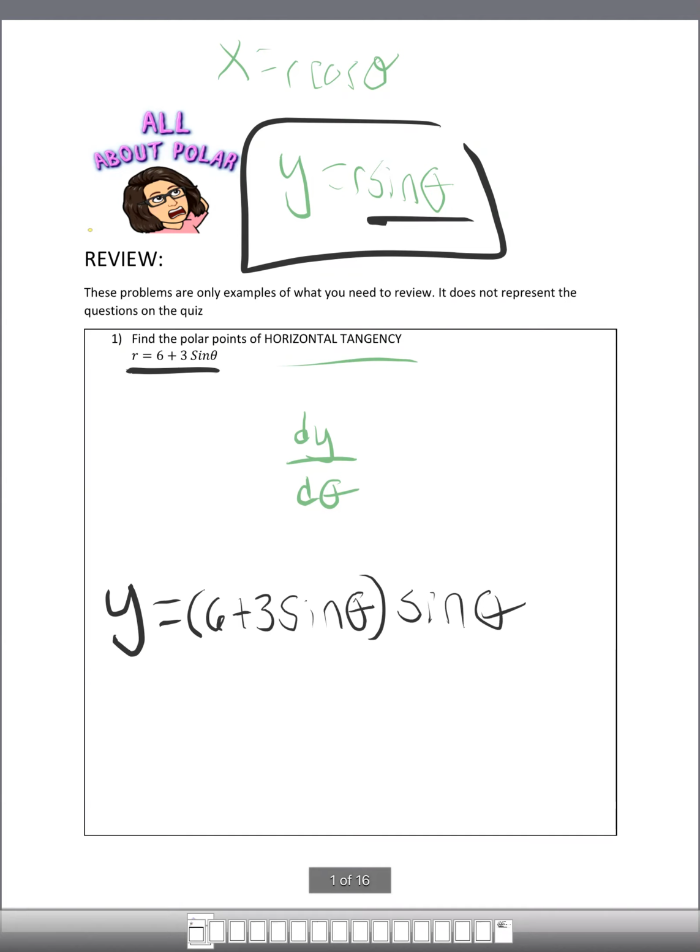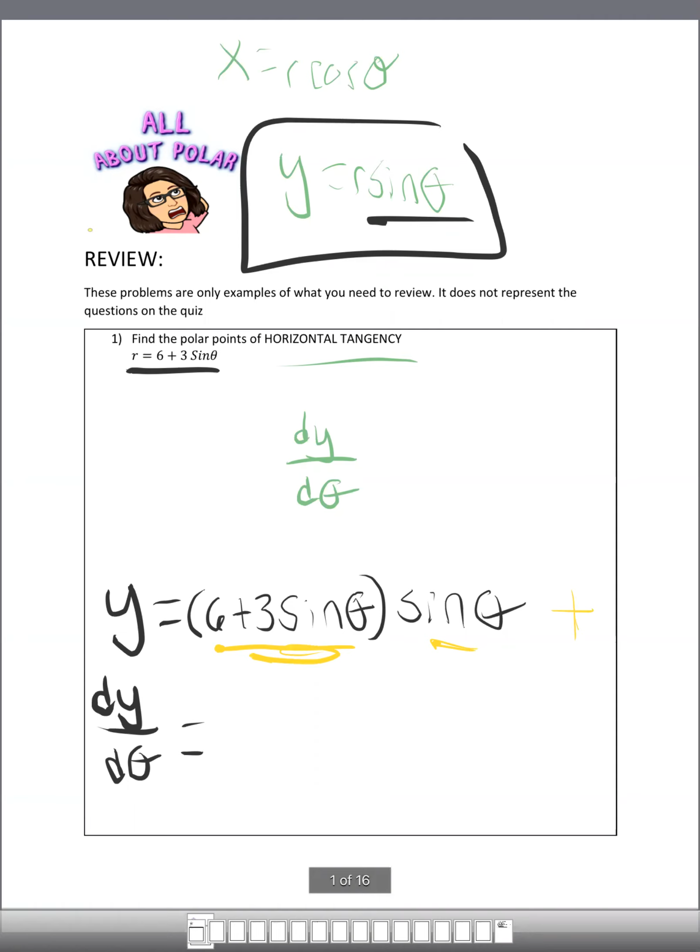Now we need to take the derivative of this expression, which is just a normal derivative. I'm not going to distribute it. I'm just going to use the product rule. Remember, you take the derivative of this one times this, plus this times the derivative of that.